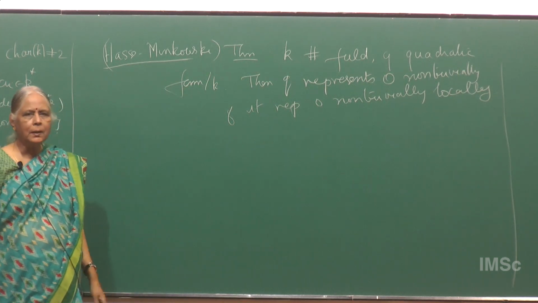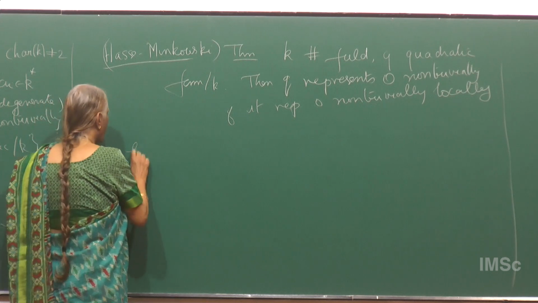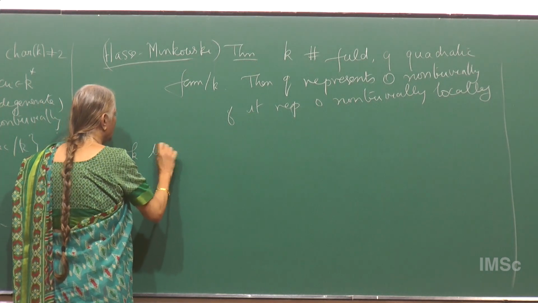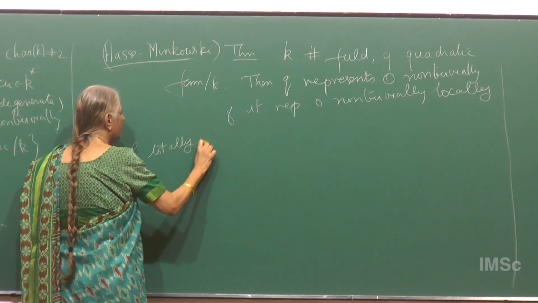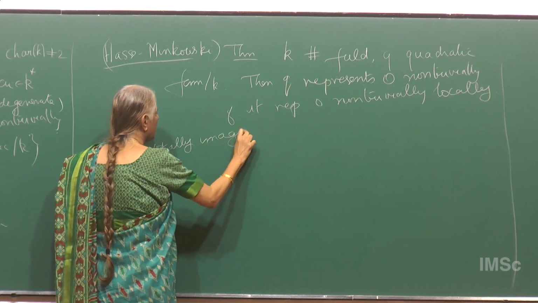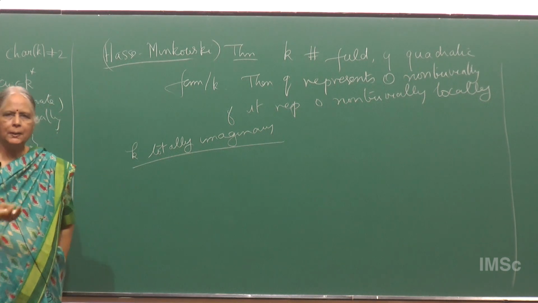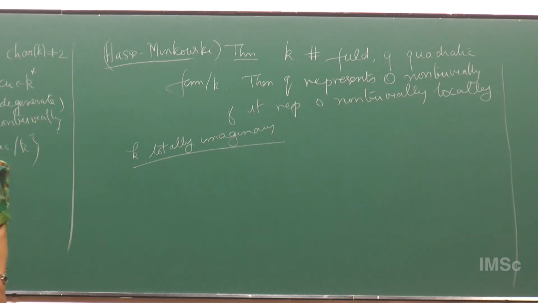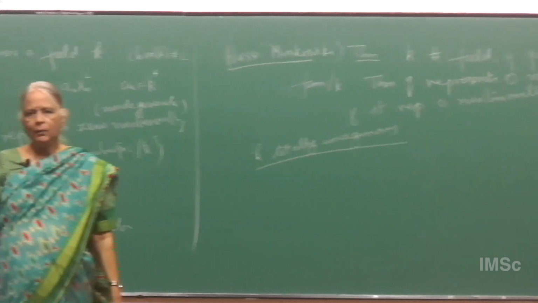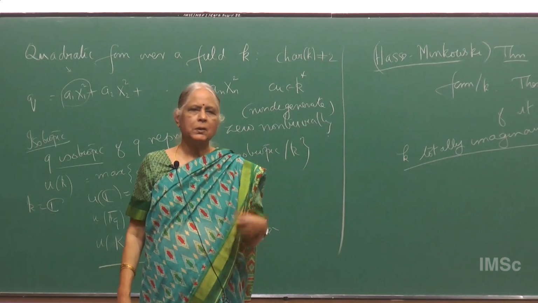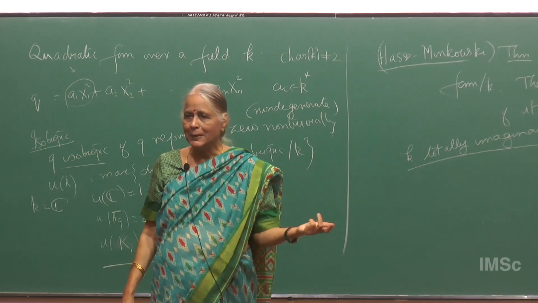So starting from here, suppose K is totally imaginary, that means it has no real ordering. So the only completions of K in this case are either complex numbers or p-adic fields. Over p-adic fields, every dimension 5 form is isotropic. Over complex numbers, even every 2-dimensional form has a non-trivial zero.